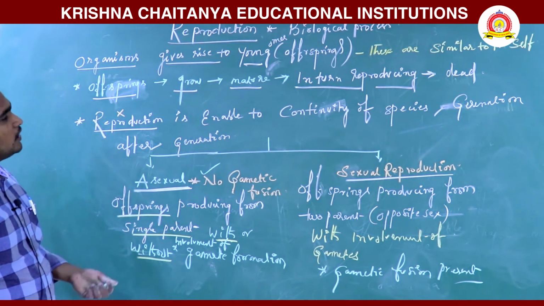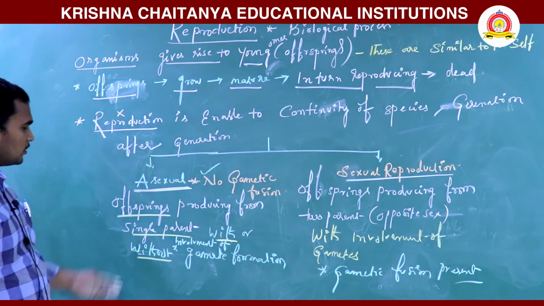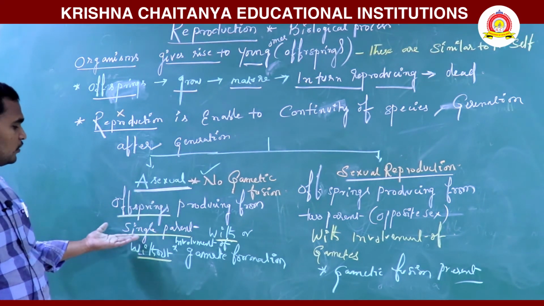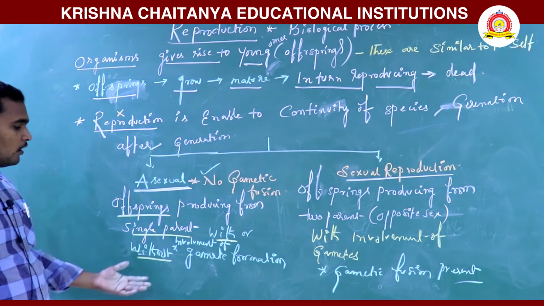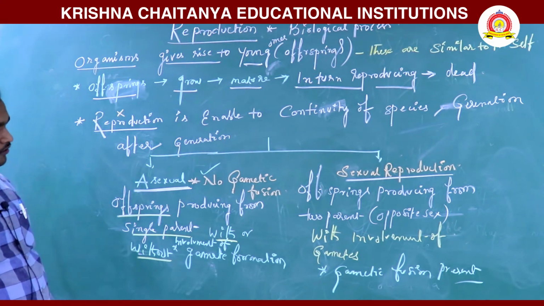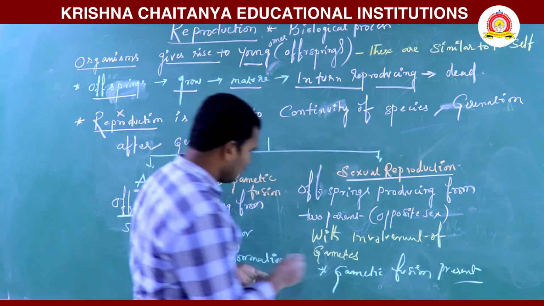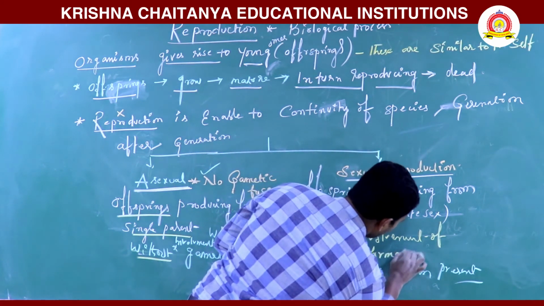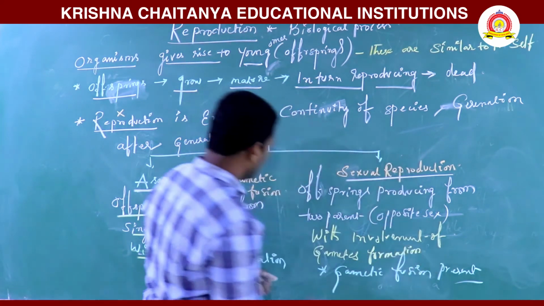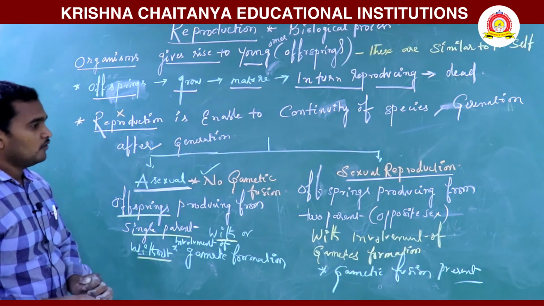Reproduction is divided into two types, asexual and sexual reproduction. In asexual reproduction, offsprings are produced from a single parent, with or without involvement of gamete formation.